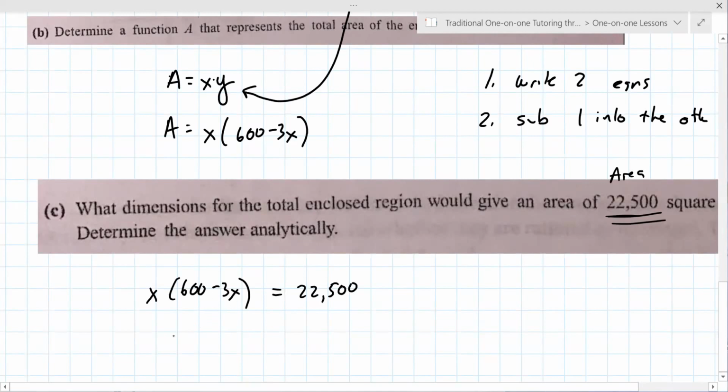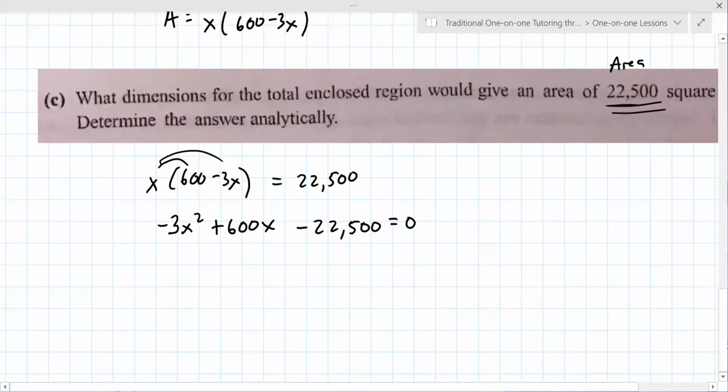So when we distribute, minus 3x squared plus 600x, move the 22,500 over, so minus 22,500 equals 0. Now, believe it or not, this kind of helps, each of these is divisible by -3. So we can say x squared minus 200x plus 7,500.